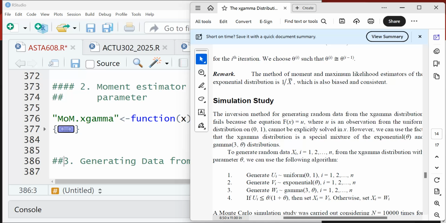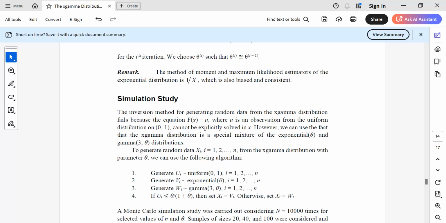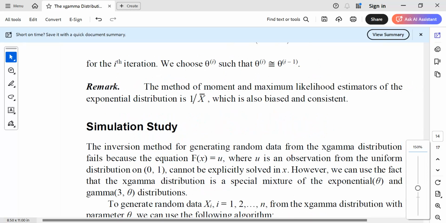They want to check which one is the best method. To do this, you need to talk about simulation. Let's go through it and see what we mean by this.